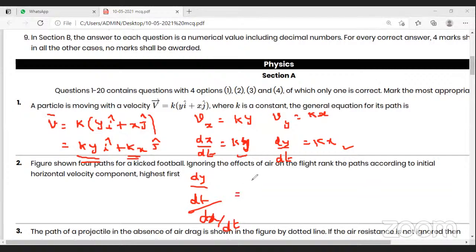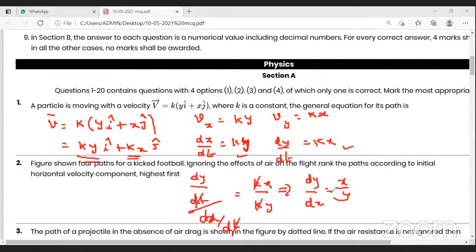What is dy by dt now? That is kx. dx by dt is ky. k and k will get cancelled, and dt and dt will get cancelled. So finally you will have the equation dy by dx equal to x by y.